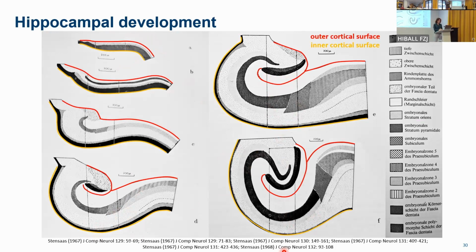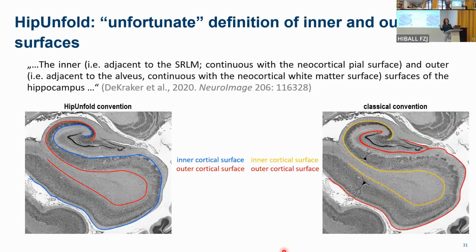So in this framework, it's unfortunate that the convention for HippUnfold is such that the inner cortical surface is not the border between the cortex and the white matter, but the border between the pyramidal layer and the stratum radiatum lacunosum moleculare. And I say that it's unfortunate because you see, HippUnfold sees inner cortical surfaces like this.